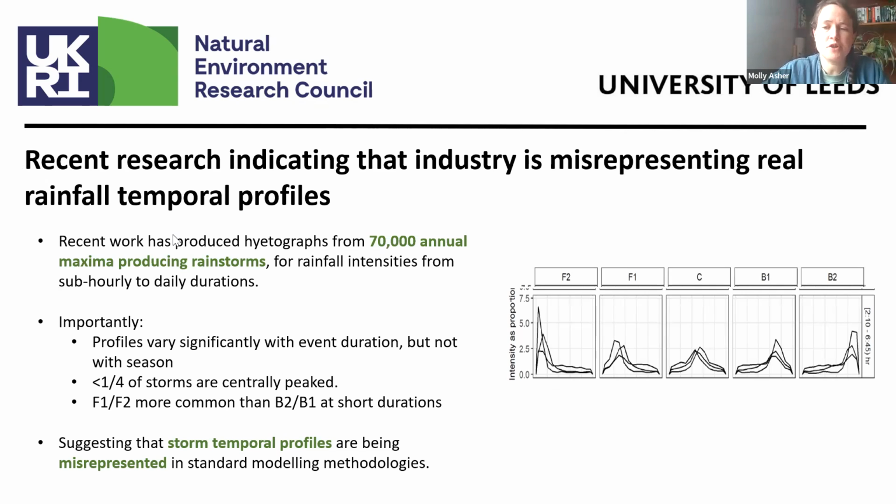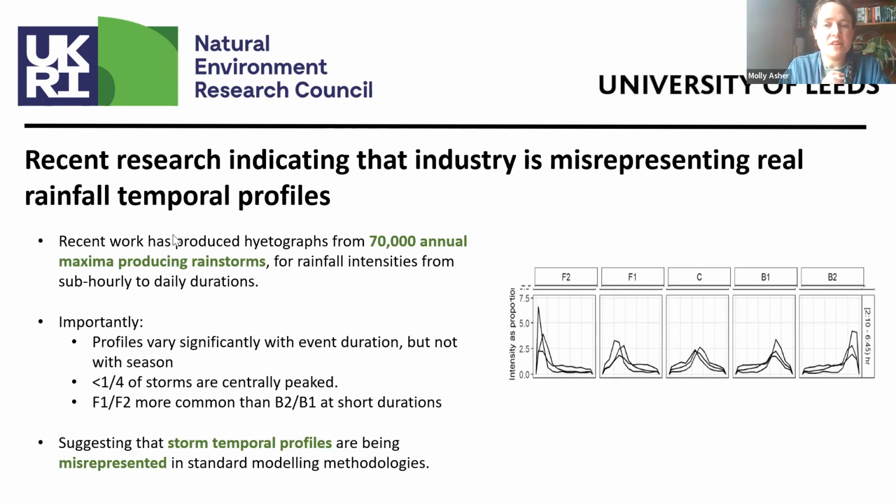And the results they've produced from that show something quite different to what we see in the FEH profile. So they've done this analysis broken down by duration bin of event. And the one I've shown here on the screen is for roughly 2 to 7 hour events. So you can see in the profile, for this duration bin, they've produced 15 different profiles, which represent the variety.